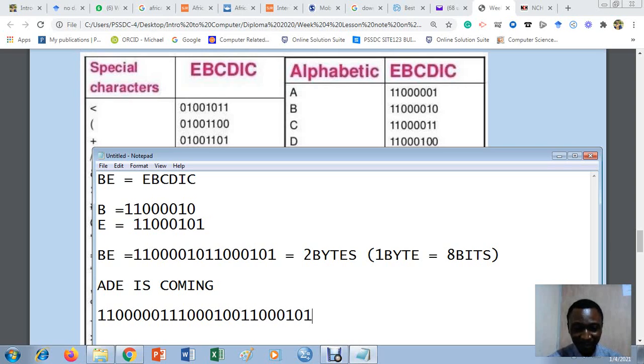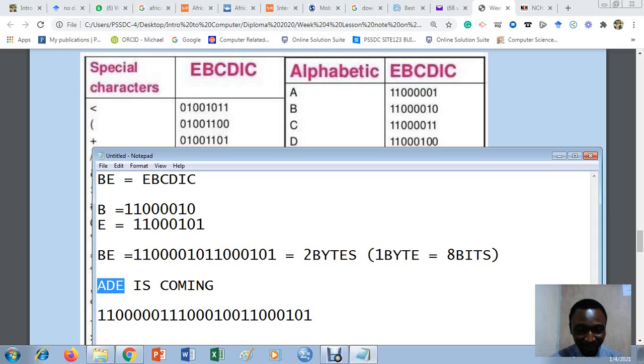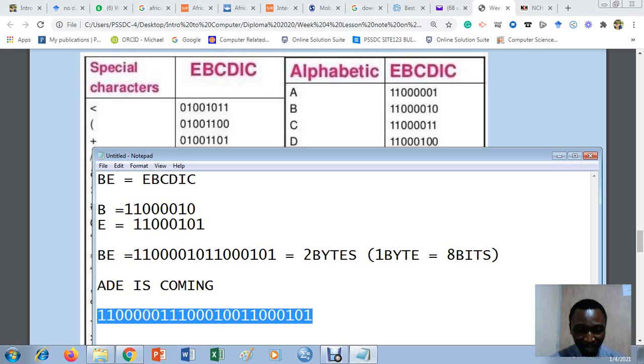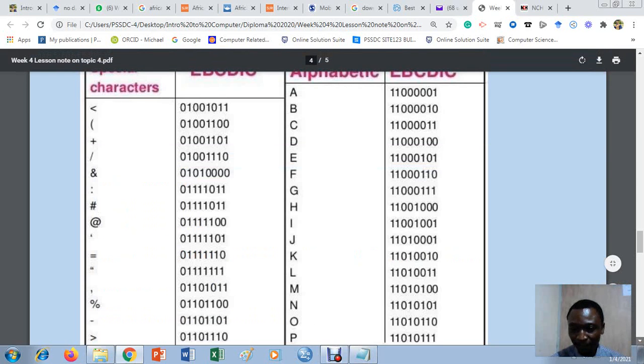All you have here is Ade, but the system cannot recognize it to be Ade. It will only recognize it in zeros and 1s. And if you check the bytes that are here, you have 3 bytes here.